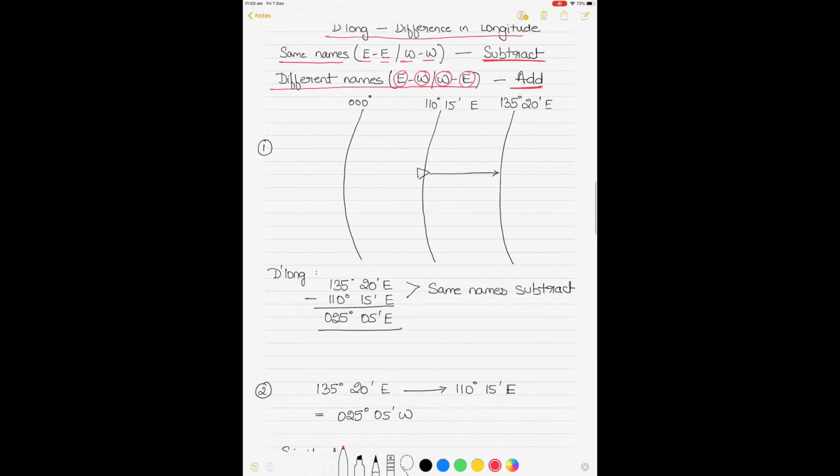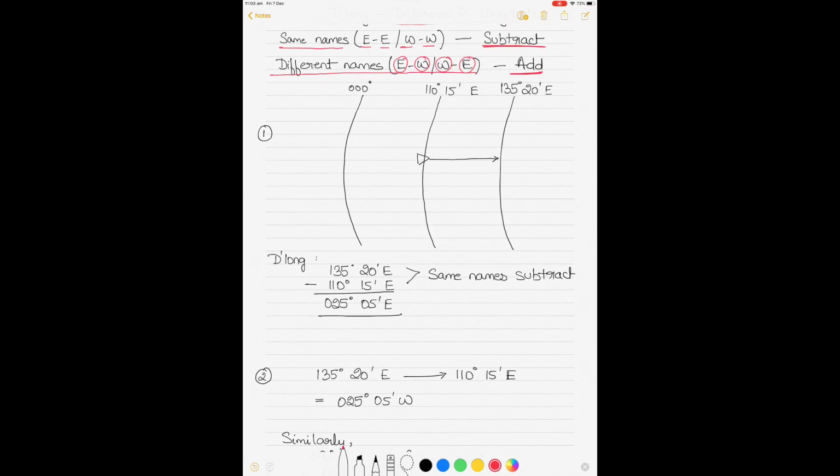Let's take the example here. So here the vessel is traveling, as you can see, from 110 degrees 15 minutes east and going to 135 degrees 20 minutes east. So if you think about it, you're facing the directions, your north and south, and east and west would be how I have drawn it here. As you can see, the vessel is traveling in an easterly direction.